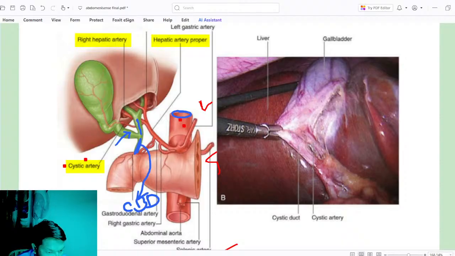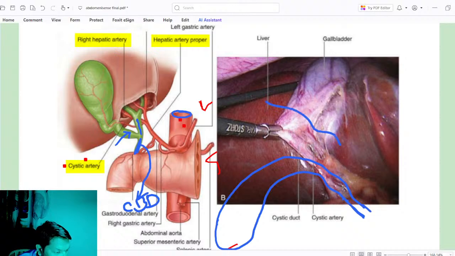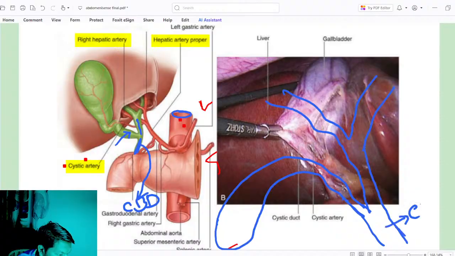This is gallbladder, ending with cystic duct. From the right side we have right bile duct, from the left we have left bile duct. Right and left bile duct when coming together and joining with the cystic duct, then the name becomes CBD, common bile duct. Can you repeat again?